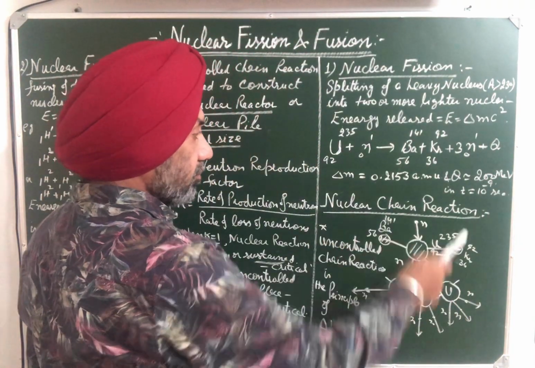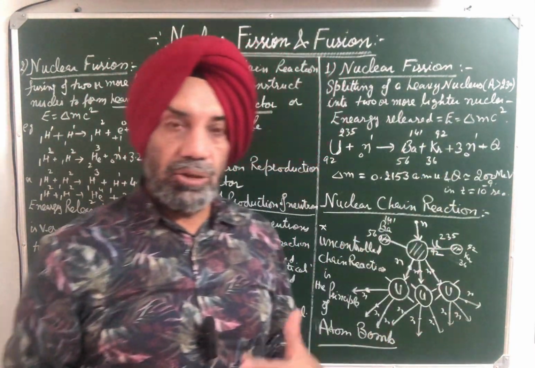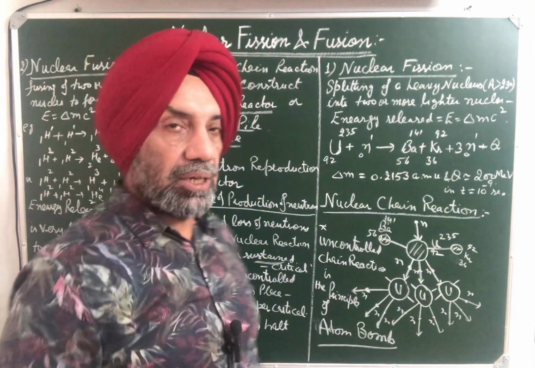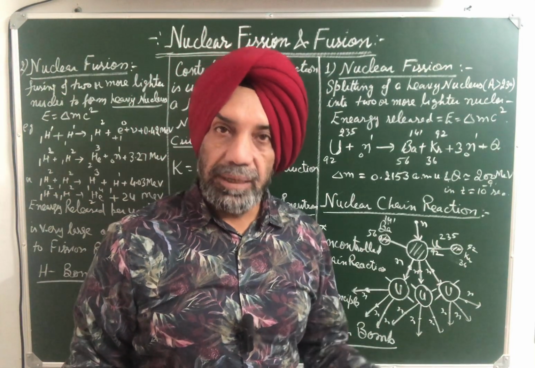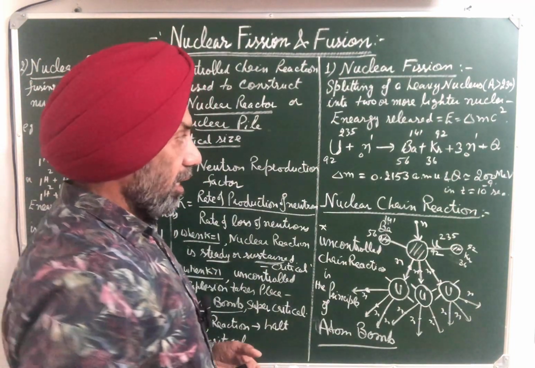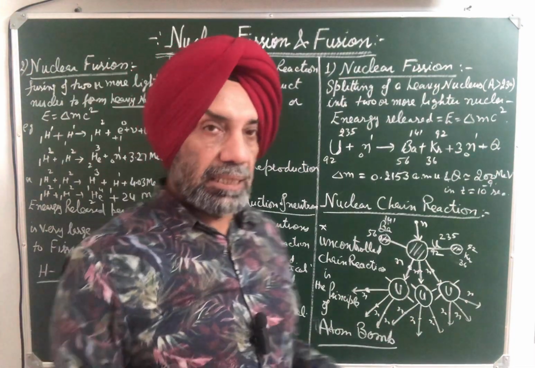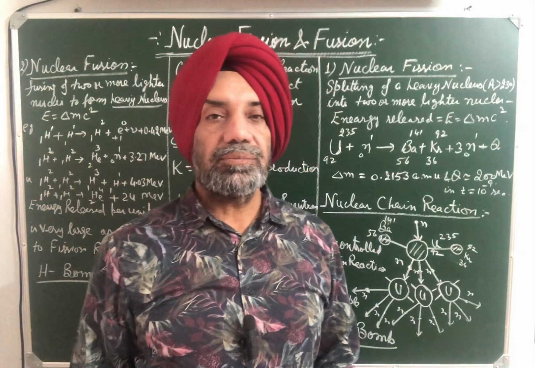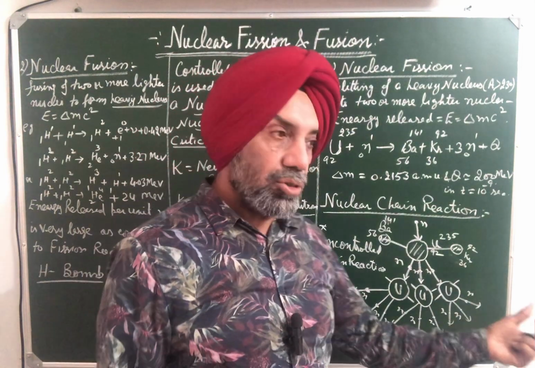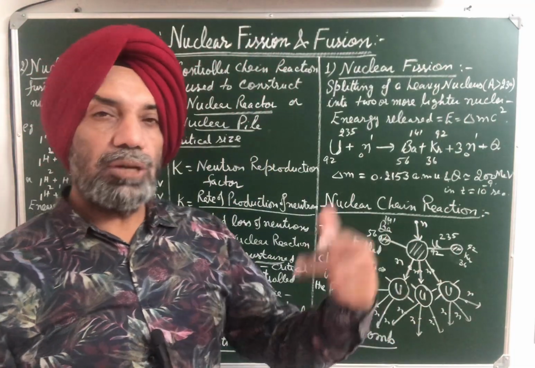Then this reaction continues and a nuclear chain reaction is formed, because these three neutrons produced in this fission may react with three other uranium atoms, and 9 neutrons are produced, and these 9 neutrons then further react with 9 uranium atoms, 27 neutrons will be produced, and so on.